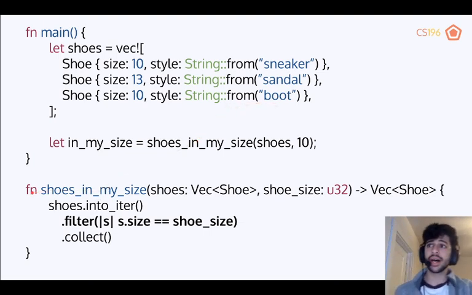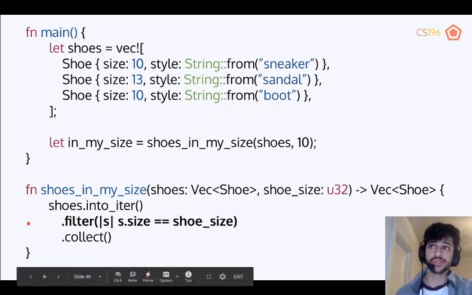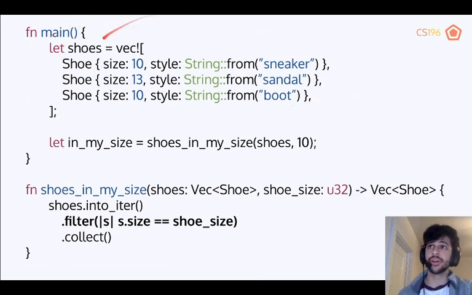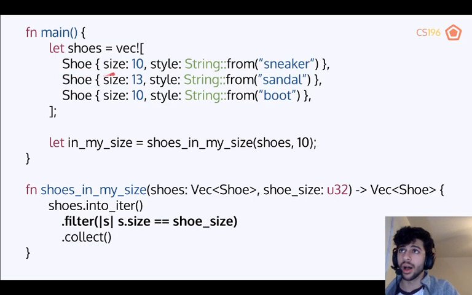So we can take a look at how this function that we created is useful. Say we have this vector of shoe structs: one shoe is of size 10 and of type sneaker, another shoe is of size 13 and of type sandal. What we want is shoes in my size. Let's say your shoe size was size 10.